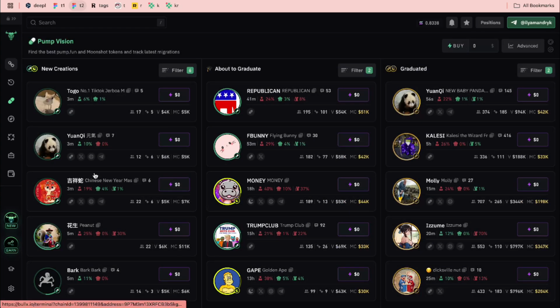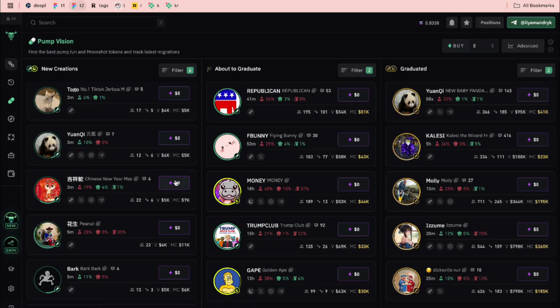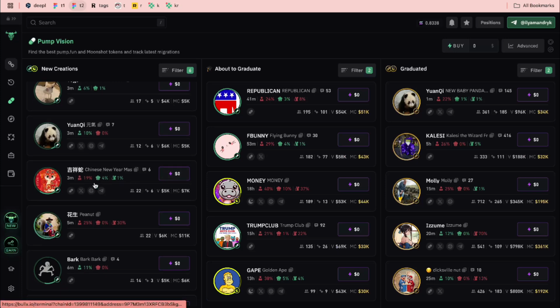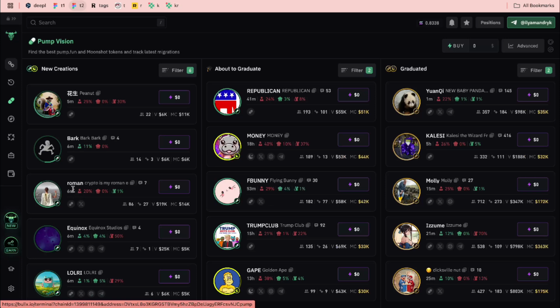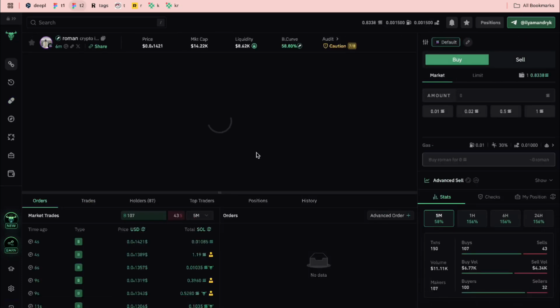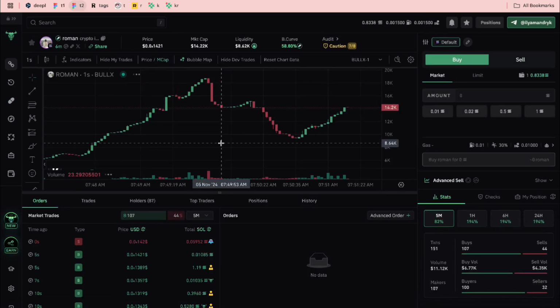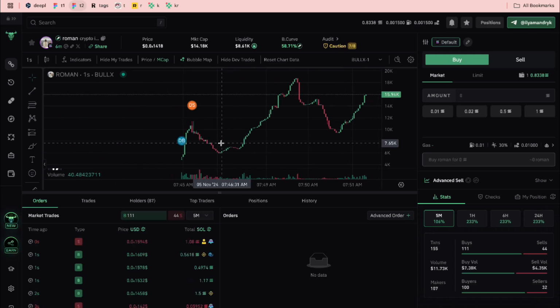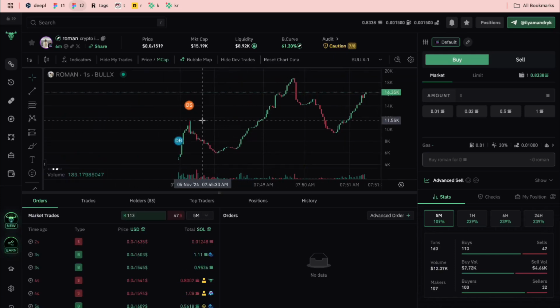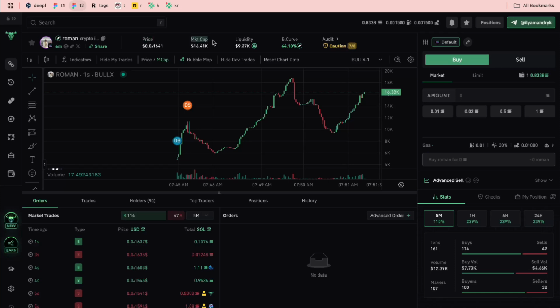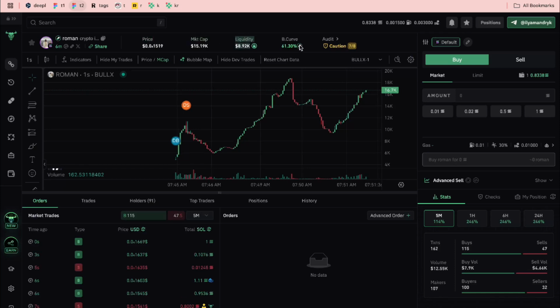So we can now open every single object here. For example, we can analyze, and let's say, okay, I would like to join this one here. Let's see what's going on. And we can see that this token looks really good. We can buy a little. We can see the information: current price, market cap, liquidity, bonding curve, and so on.